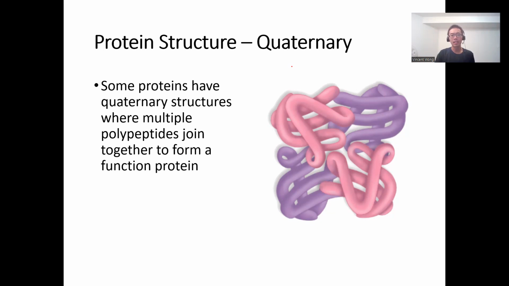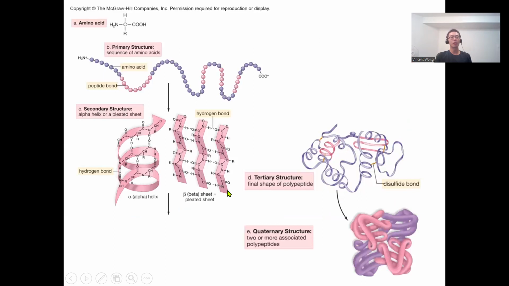An example of this is hemoglobin. Hemoglobin is a protein found in your red blood cells, and it helps you carry oxygen. Hemoglobin has 4 peptides. That's it. That's the 4 levels.